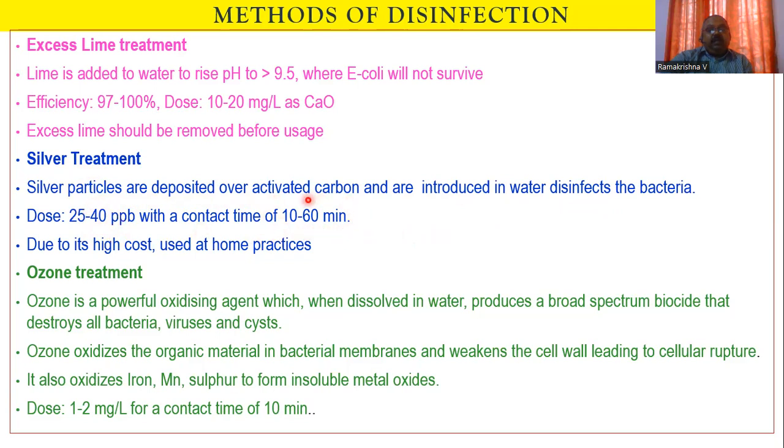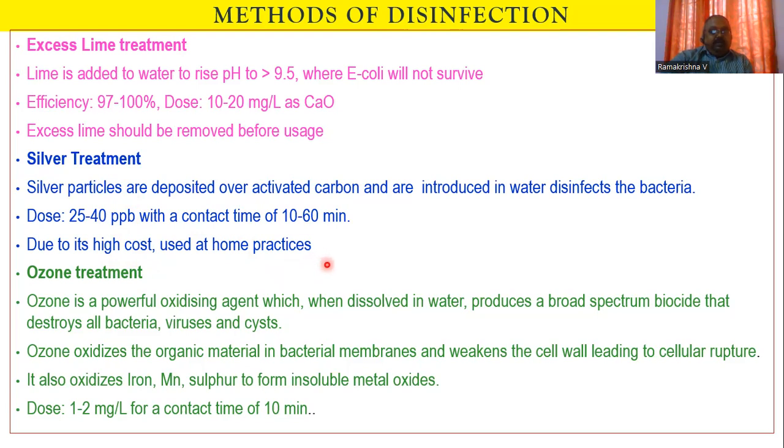If sufficient contact time is not available, the disinfectant may not be able to destroy the microorganisms. If the dosage is not sufficient, the effectiveness will be reduced. Because silver is a high-cost material, it is not used for large applications, but only for home practices.